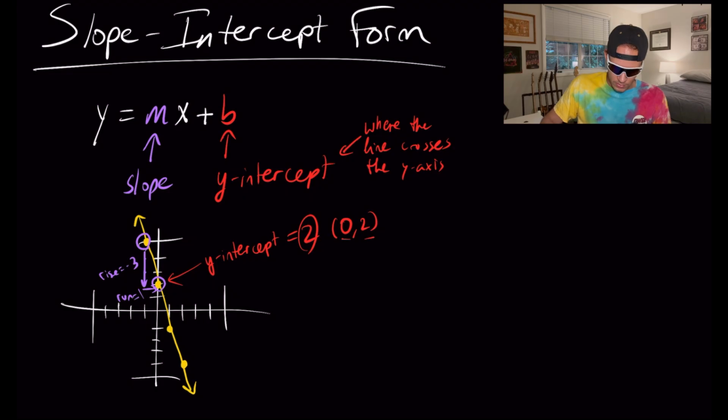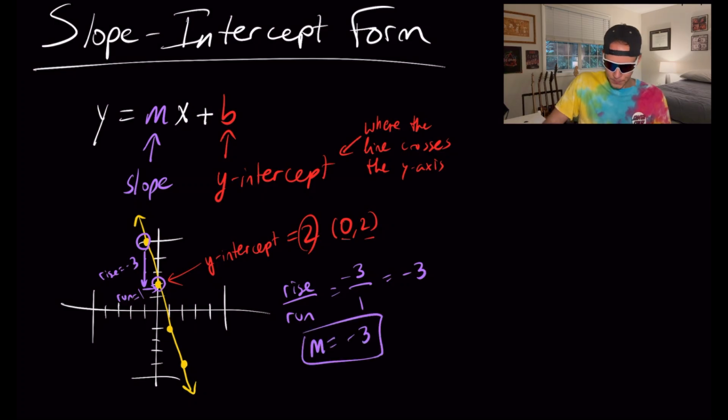So that means our slope is going to be rise over run, which is equal to -3 over 1. -3 over 1, that's simply -3. So we have our slope, m is equal to -3. We have our y-intercept.